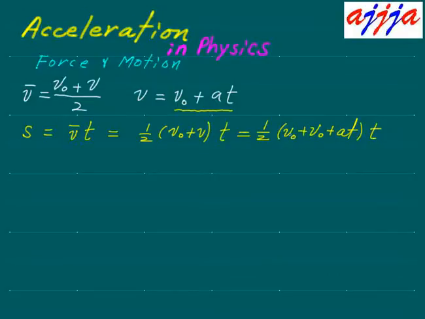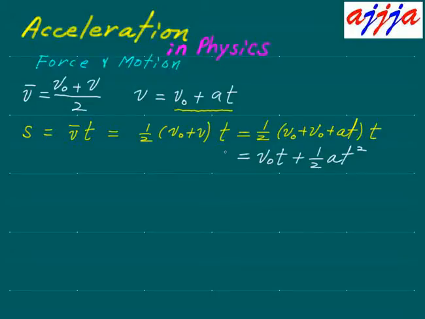All right, let's calculate this one. That's 2v0 times half, that means v0, then times t. So that's the first one, v0t. Am I right? That's right. Now plus half, then at times t, which is at squared.